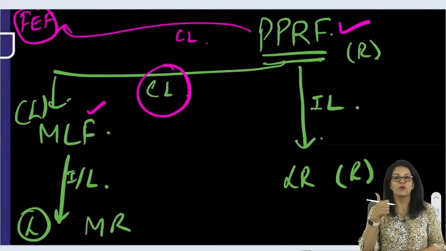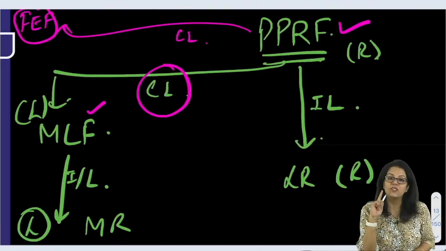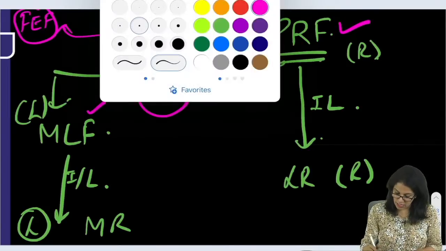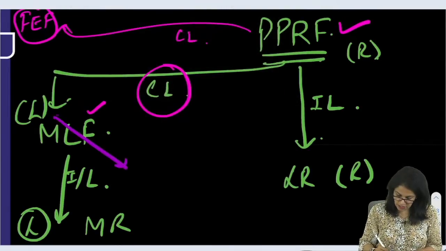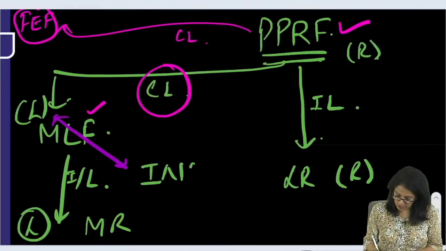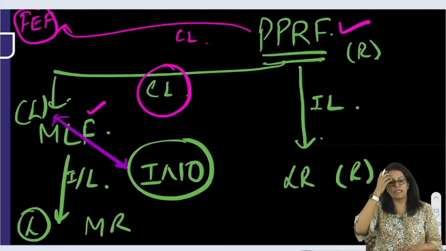So, FEF lesion causes contralateral horizontal gaze palsy, and PPRF will lead to ipsilateral horizontal gaze palsy. And what about MLF lesion? This is what you are learning with me, that MLF lesion is going to lead to INO, that is internuclear ophthalmoplegia. Common sense. Let's keep listening.